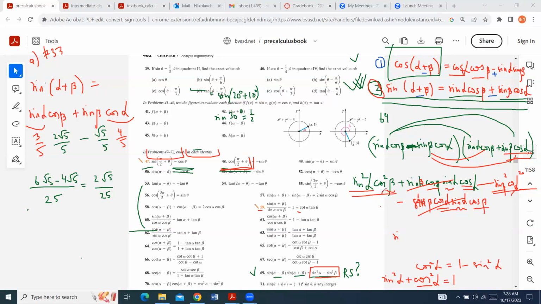So instead of cosine squared beta, I guess I'm going to need a little bit of room here. So instead of cosine beta, I'm going to use, let me go green with the old stuff so we don't mess it up. So sine squared alpha.